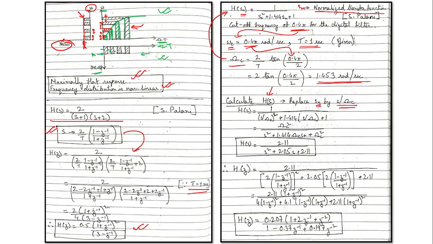Just replace it and solve it, and you get the Hs. From there onwards, the method is the same. You use this transformation equation, put it in the place of S and solve the equation. That's it.